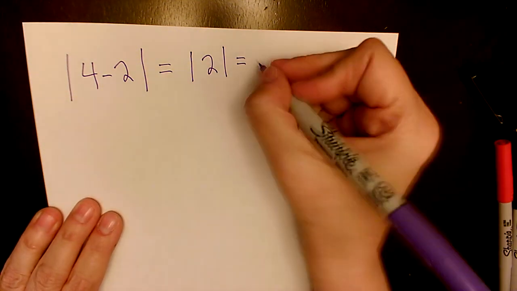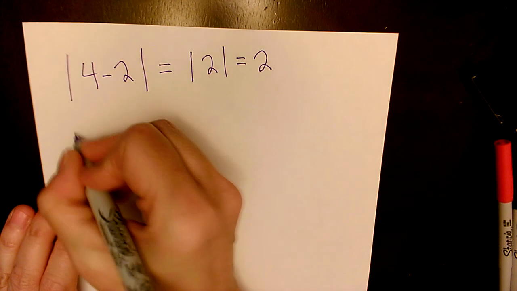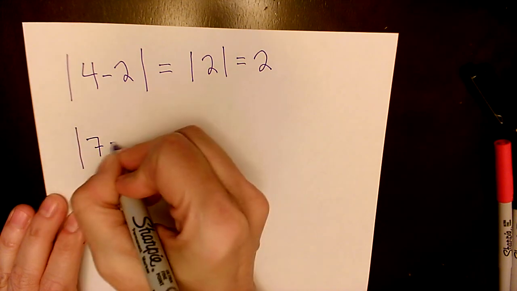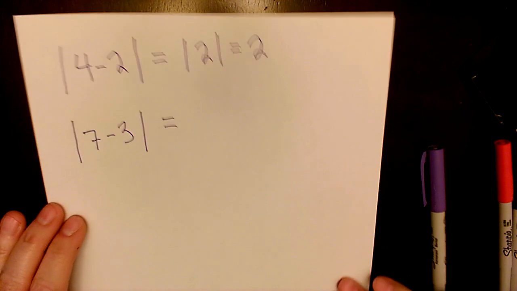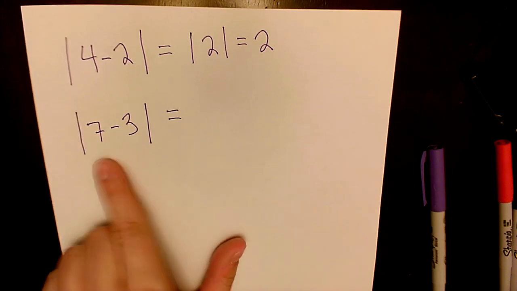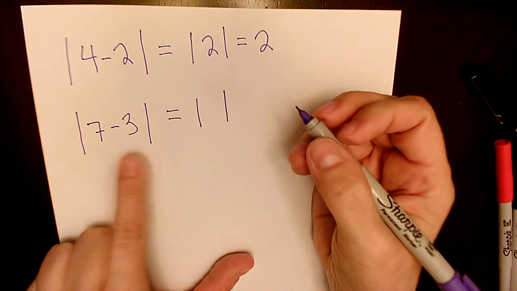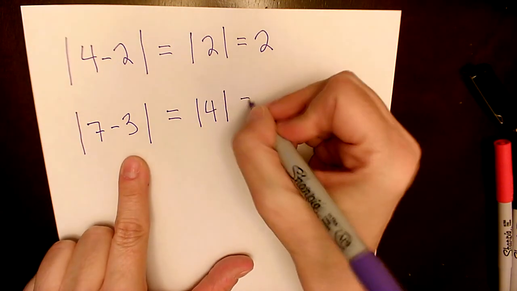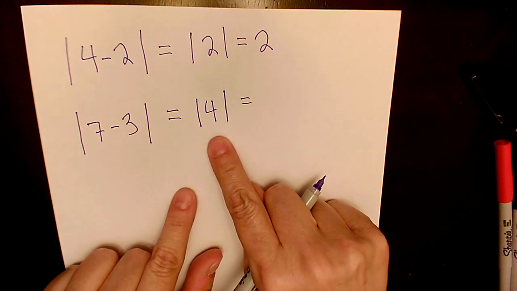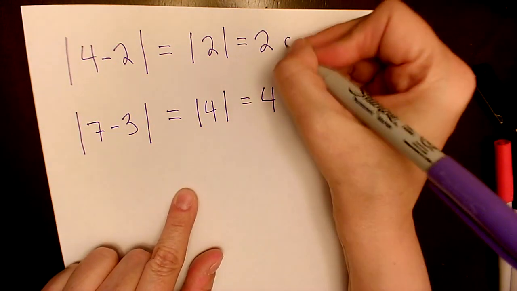And the 2 is already positive, so it's just going to stay positive, and absolute value of 2 is 2. What if I have the absolute value of 7 minus 3? First I'm going to do 7 minus 3. I'm going to carry the bars over. What's 7 minus 3? It's 4. And the absolute value of 4, it's positive 4, so it stays positive 4.